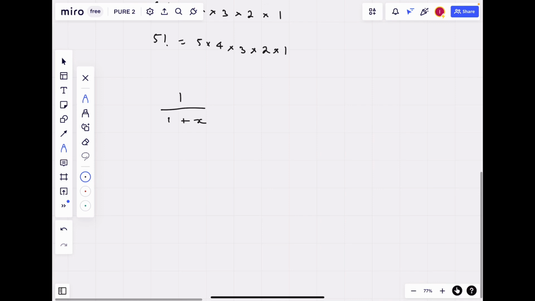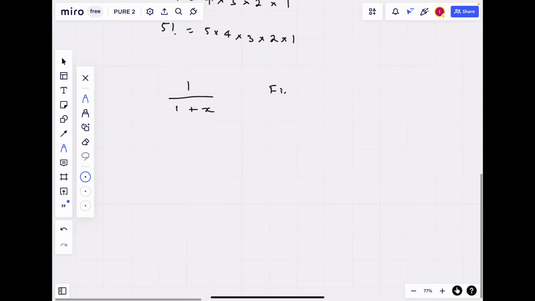And we're trying to find the first 4 terms. Okay, the first step would be to rewrite our function 1 over 1 plus x in brackets, (1 plus x) to the power of minus 1.